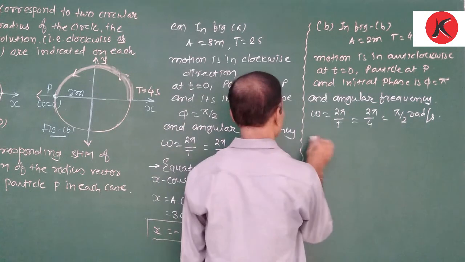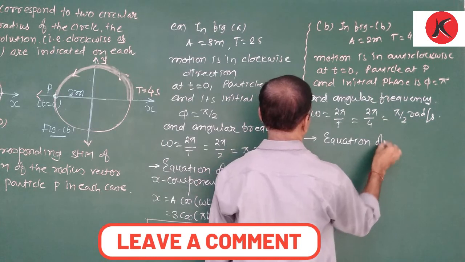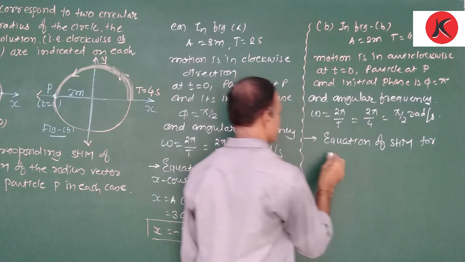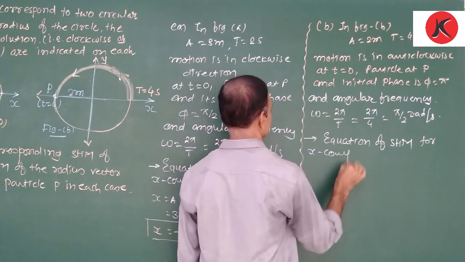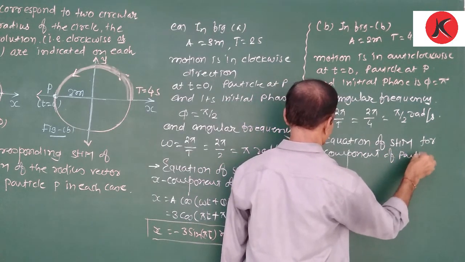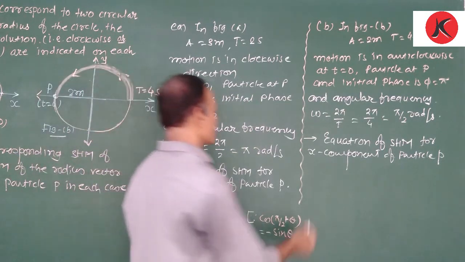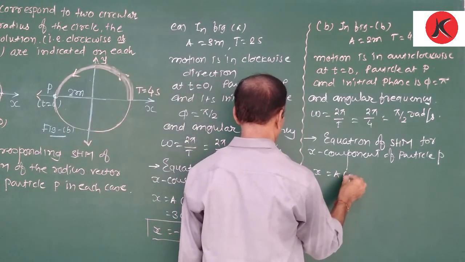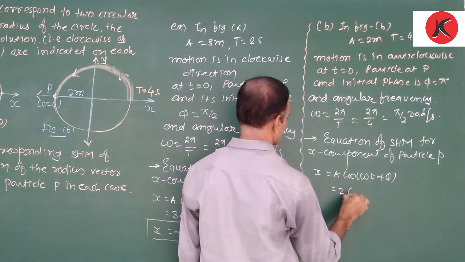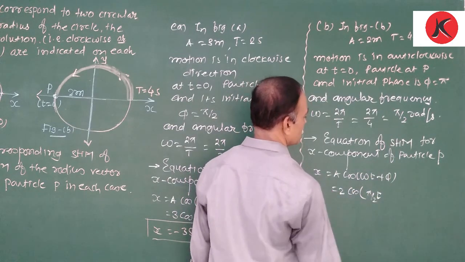Now, the equation of simple harmonic motion for the x component of particle P is x is equal to A cos of omega t plus phi. A is already given, cos of omega, which is pi by 2 into t, plus phi.